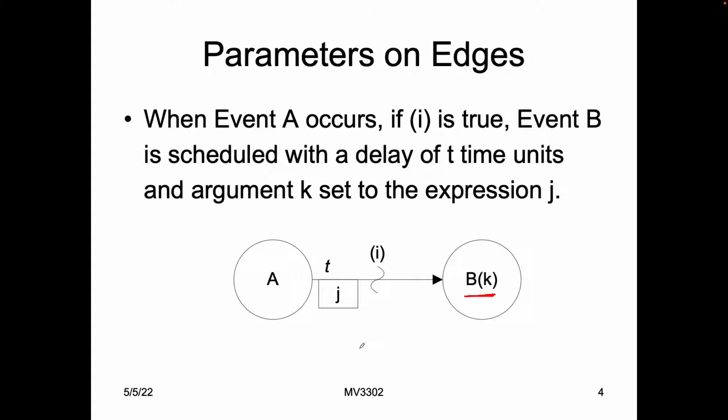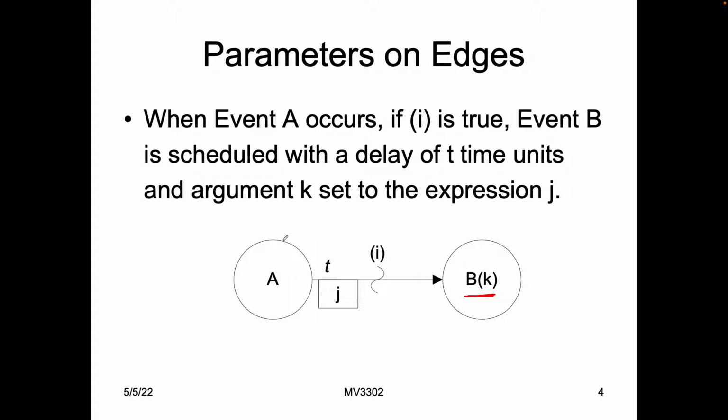Now, the way that SimKit works and the way that event graphs work as well is a little bit looser than that. We'll see how that works. But basically, in terms of syntax, the idea is this: I have an event, B, and it has an argument K, and that could be one or more variables in the list.